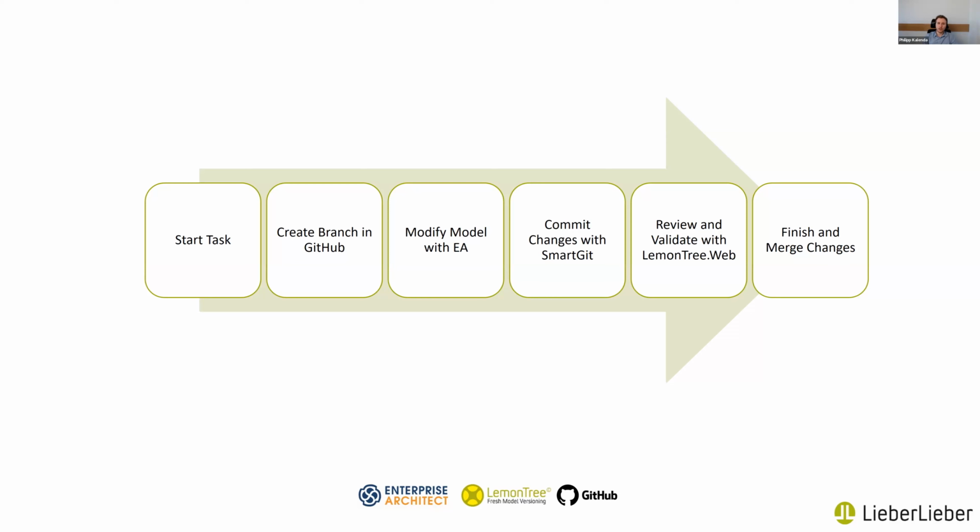For those of you who already know LemonTree, there could be the possibility to have conflicts. If there are conflicts, those can be resolved, which is something that LemonTree is famous for, detecting conflicts and resolving them. Once this is done, the changes are integrated into the main line and you can continue working.